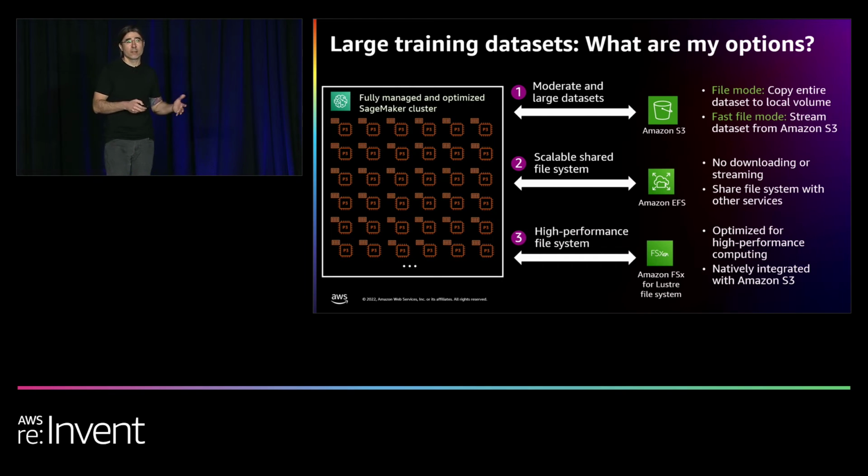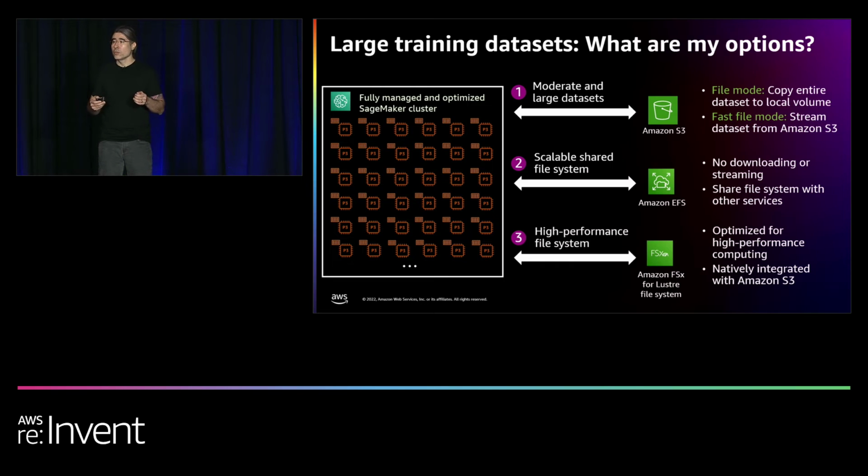If you're dealing with a small data set, let's say 100 gigabytes or less, you can use fast file mode or file mode. File mode will copy the whole data set from S3 to all the hosts that you launched. If you have a big data set, it will take a long time to kick off the training. So it's better to try and find the best threshold for the size of your data set.